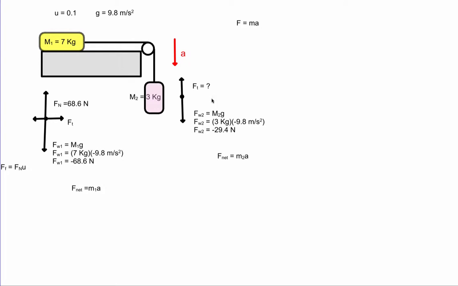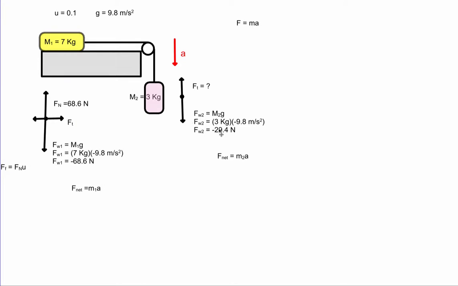Let me introduce what I've got here. We have a 7 kilogram mass and a 3 kilogram mass. The 7 kilogram mass has a coefficient of friction of 0.1. The 3 kilogram mass is just hanging here, and I've already done the free body diagram and calculated the weight of the second body.